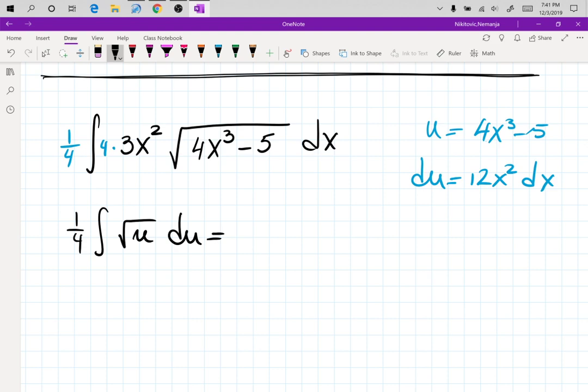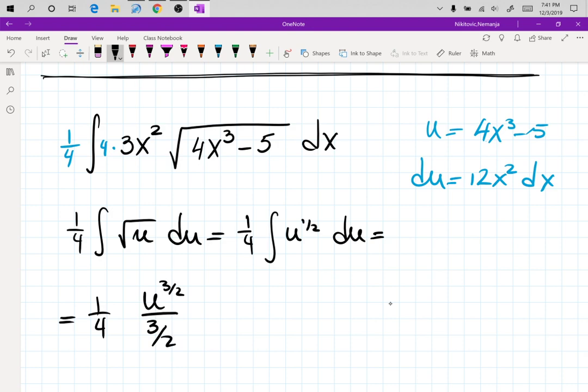Now I've seen this mistake a few times, so I'm going to write this integral out. This is u to a half du, which is 1/4 u to the 3/2 divided by 3/2 plus c. Now, we take the fraction, we flip it, so 3/2 becomes 2/3.